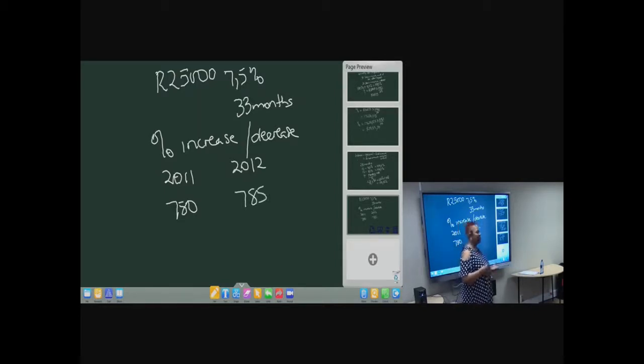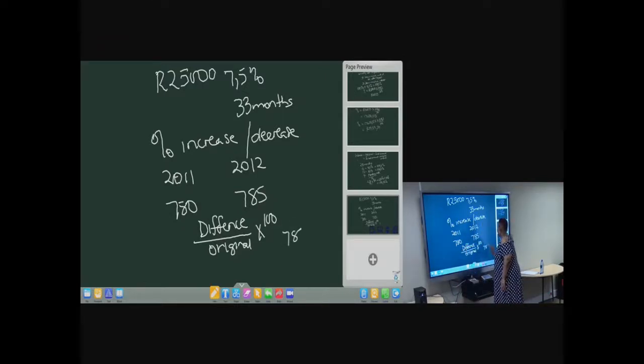Sometimes they will not ask it as percentage increase. They will just ask, what is the percentage change in the number of learners? Whenever you are calculating the percentage change, it will always be the difference between the values over the years, over the original one, the first one, and then it will be multiplied by 100. Therefore, in this case, we will have 785 minus 750. So it was 50.